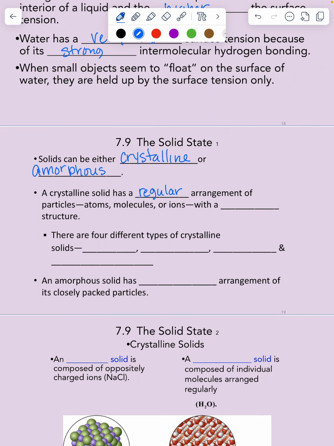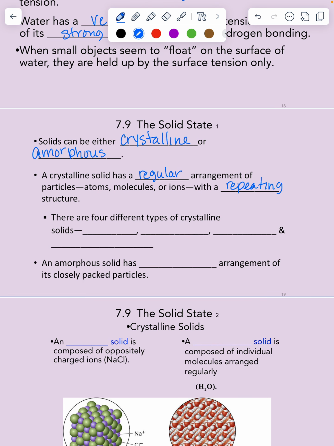And there are 4 different types of crystalline solids. There's ionic solids. There are molecular solids. There are network solids. And there are metallic solids. We'll go through examples of each of those.